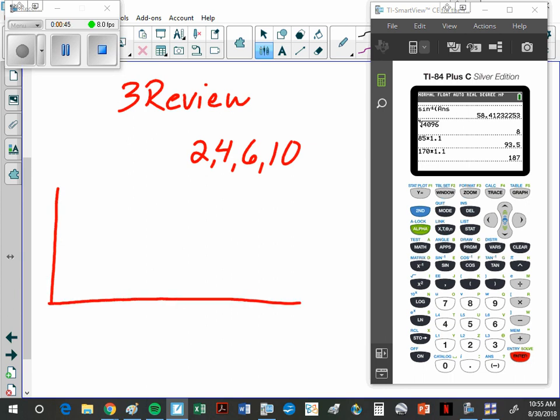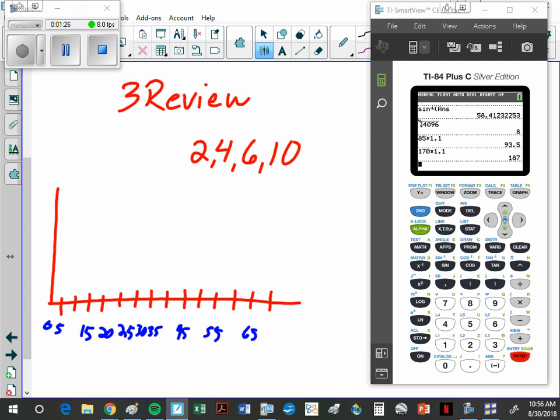So I need to go all the way to 75. 5, 10, 15, 20, 25, 30, 35, 40. 75. Right? So my first one is from 0 to 5, and then to 15, and 20, and 25, 30, 35, and then it jumps to 45, and then to 55, and 65.